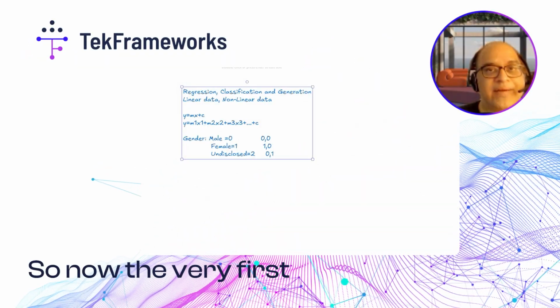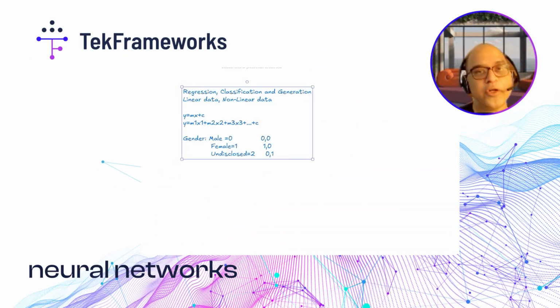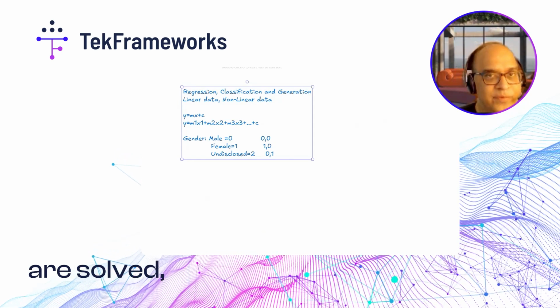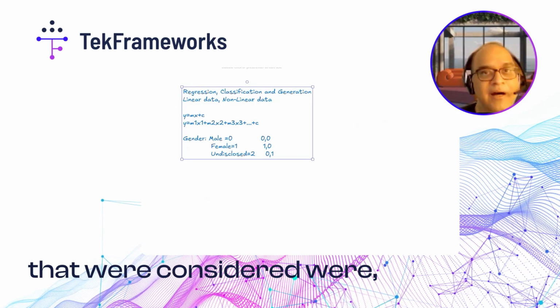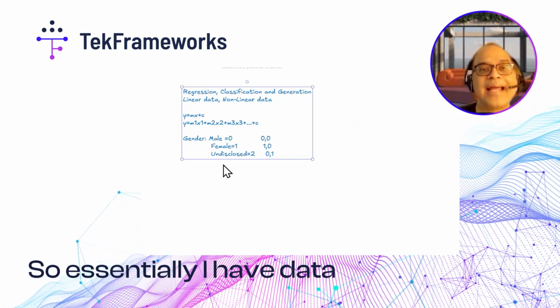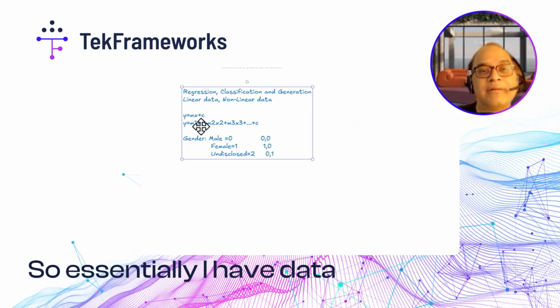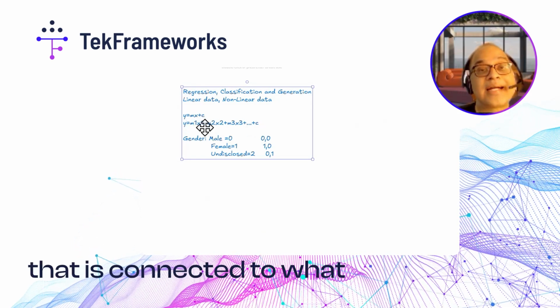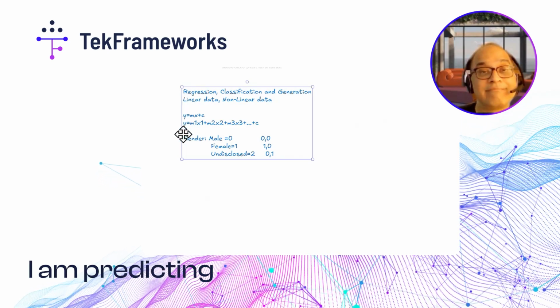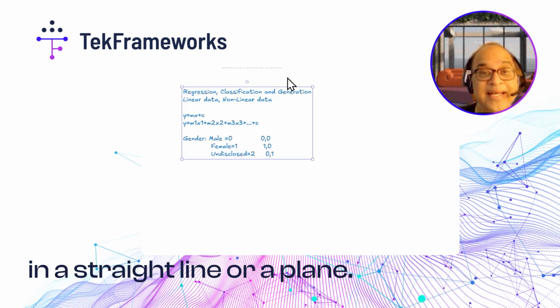So the very first neural networks that were considered were all linear problems. Essentially, I have data that is connected to what I'm predicting in a straight line or a planar way.